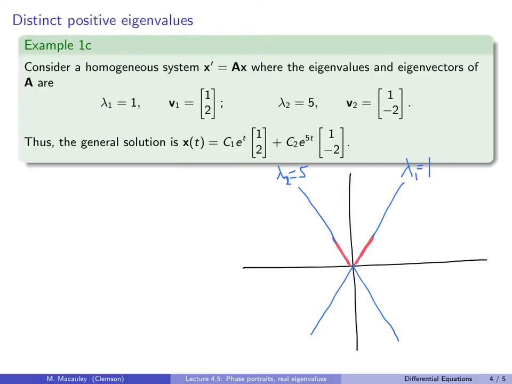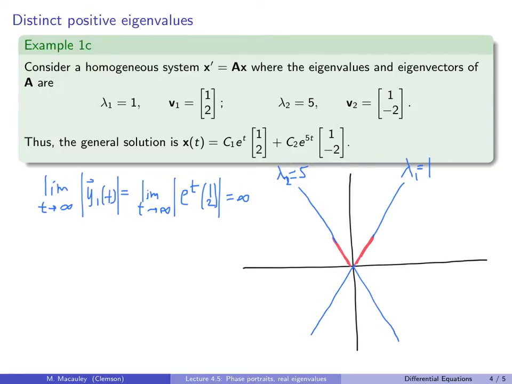So for both of these things, let me just do the first one: the limit as t goes to infinity of y1 of t is the limit as t goes to infinity of, well, let me take the absolute value of e to the t times (1, 2), and that's going to blow up, that's going to become infinite.